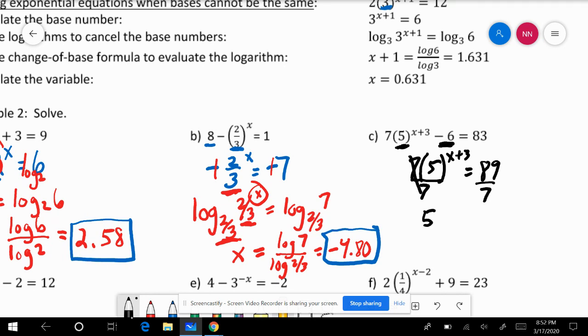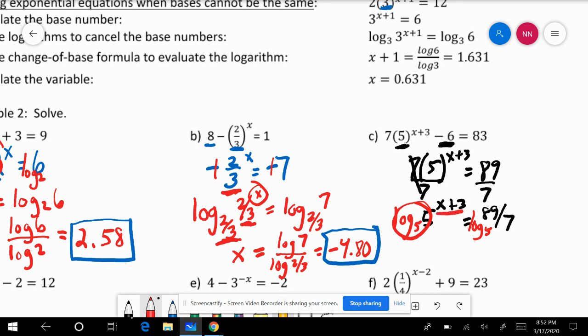What we have is 5 to the x plus 3 is equal to 89/7. Now what we need to do is get rid of our base number. How we get rid of our base number is we do the log of the same base. So we do the log base 5. This right here once again becomes 1.